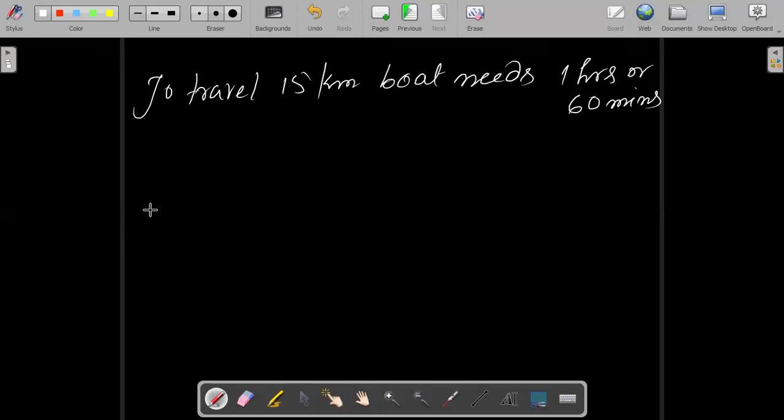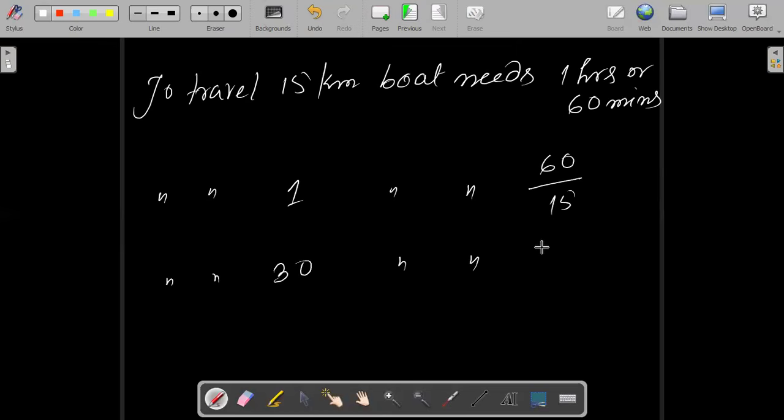Now for 15 kilometers, if the boat needs 60 minutes, then to travel 1 kilometer, the boat needs how much time? More or less? Less time. Then 60 divided by 15. Now to travel 30 kilometers, how much time does the boat need? More or less, compared to 1 kilometer? Always compare with the preceding line. More.